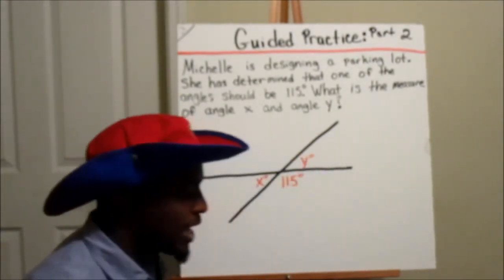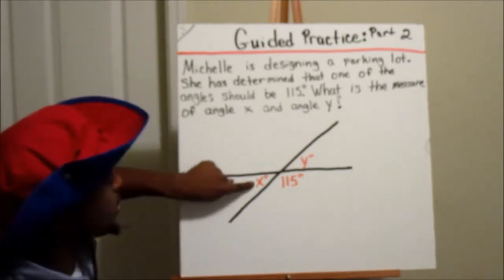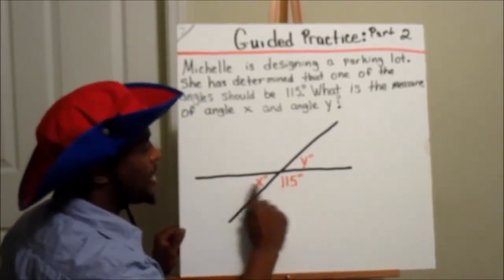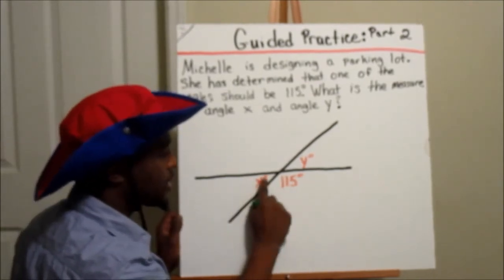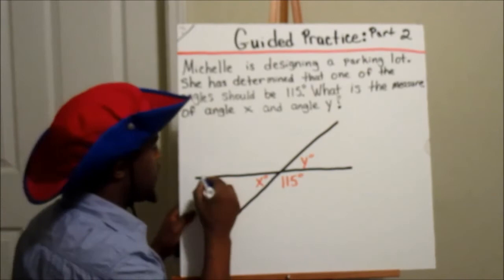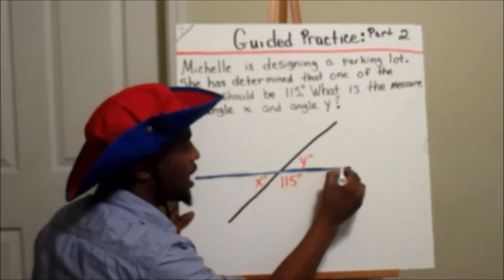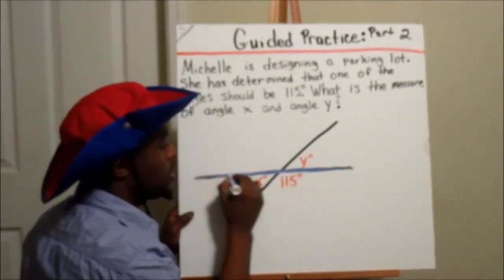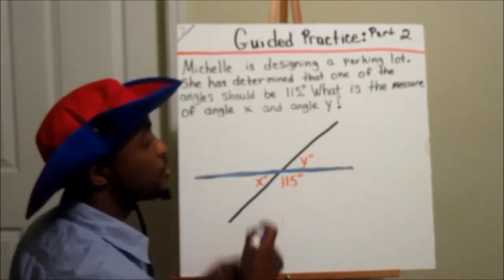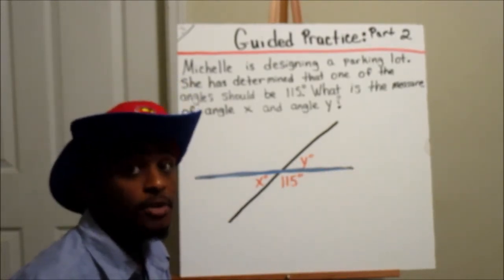Alright, so question 1 asks us, how is angle X related to 115 degrees? Alright? If I look, both of these angles, angle X and the angle that measures 115 degrees, they both run along this straight angle. Alright? And if we think back to our definitions, a straight angle measures 180 degrees. Alright?